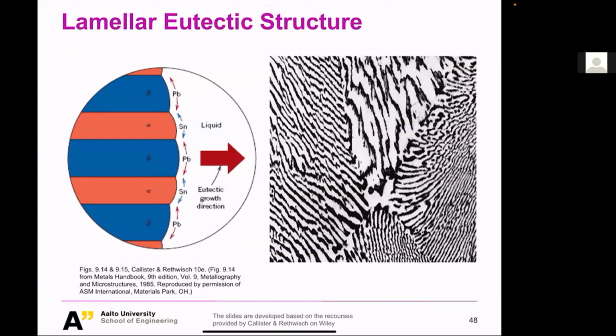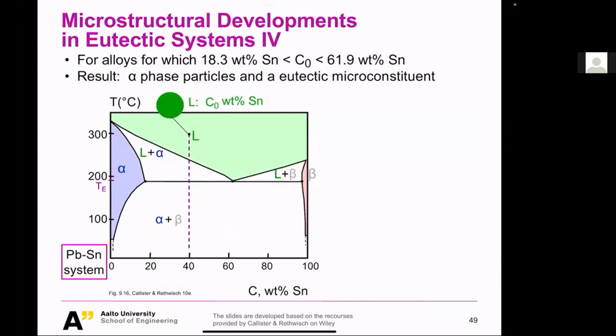And if you just look closely, you would see how the diffusion is happening. So when your lead leaves the tin and it becomes the beta phase, when it goes to the other, it becomes the alpha phase. All right, so that was the unique part of this eutectic point.